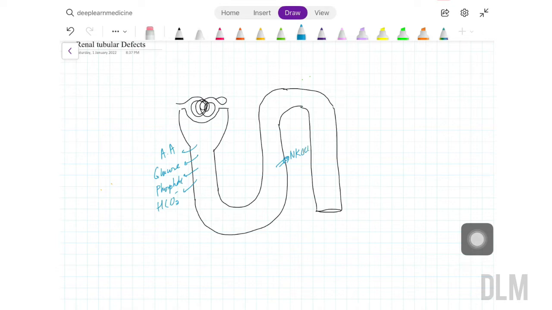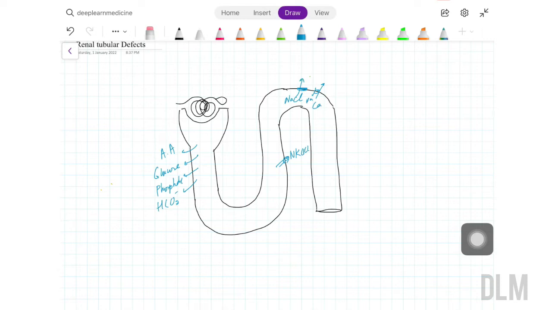Next we have the distal convoluted tubule. We know that we have absorption of sodium chloride here along with calcium, and here's the sodium-chloride transporter basically.